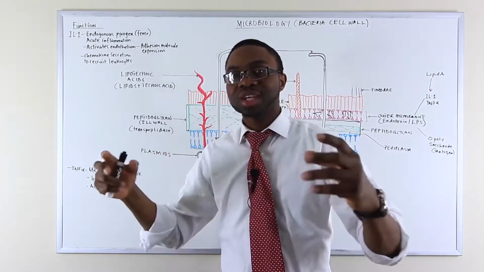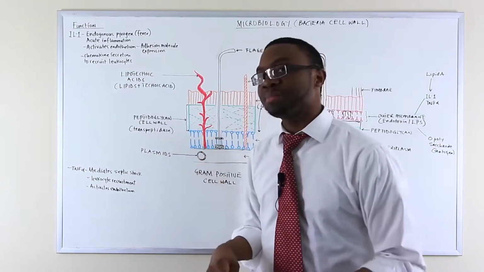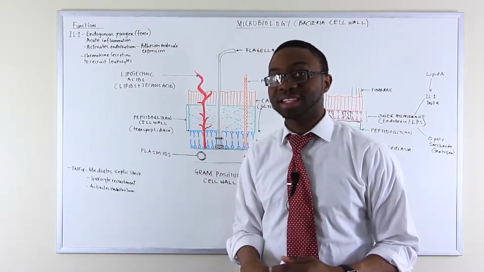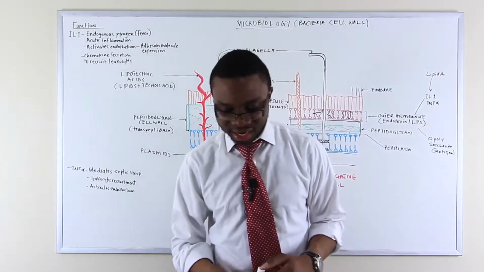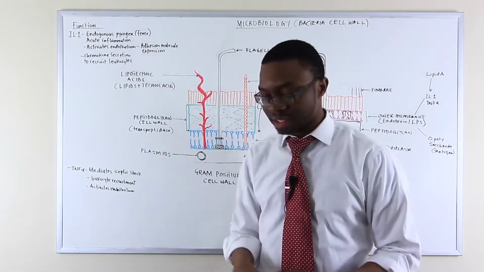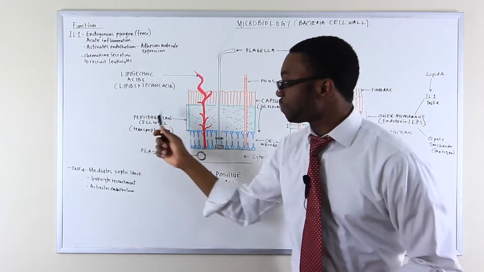Trans means across. Transpeptidase, that's what forms that thick peptidoglycan cell wall, both in gram-positive and gram-negative bacteria. Okay, nice cross links and form a nice thick cell wall. So that's the function of peptidoglycan.